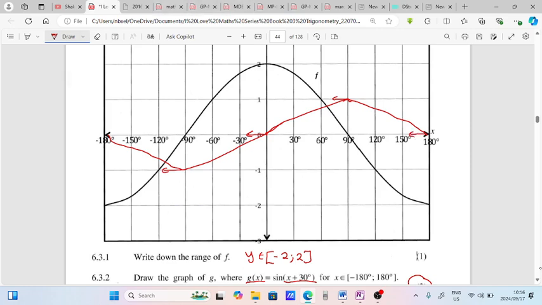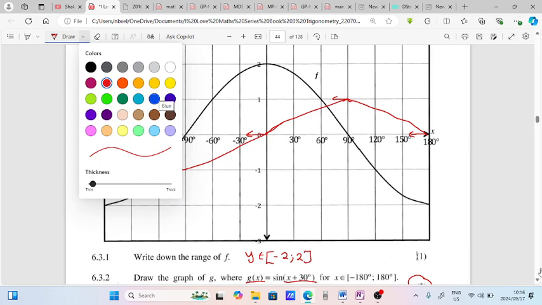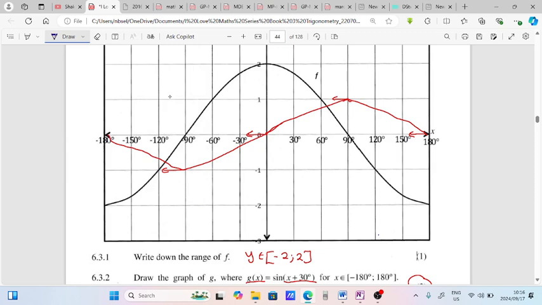Now let's draw the shifted graph and see what we can get. I'm going to have the graph passing here, and then I'll shift by 30 units here, then 30 more, then 30 more. Then there will be a turning point here at 1. From this turning point I'll move to this part, and the graph will move that way.